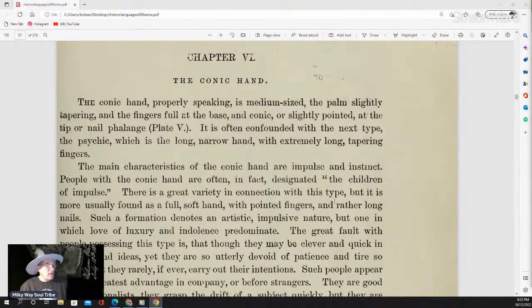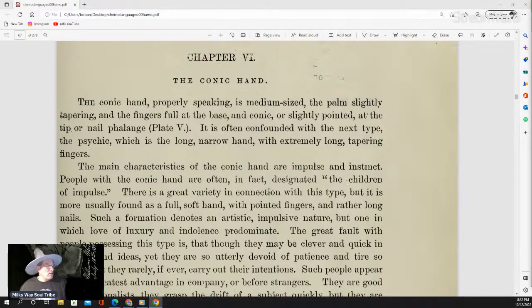There is great variety in connection with this type, but it is more usually found as full short hand with pointed fingers and rather long nails. Such a formation denotes an artist's impulsive nature, but one in which love of luxury and idleness predominate.